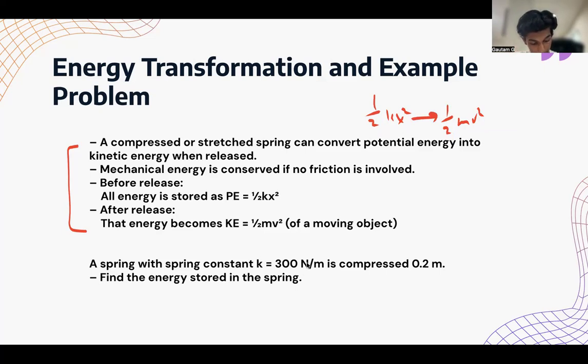But you guys can go ahead and do this problem. A spring with spring constant k of 300 newtons per meter is compressed 0.2 meters. Find the energy stored in the spring.